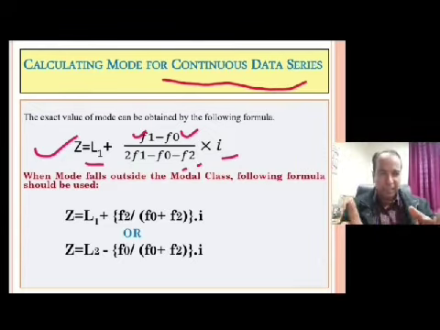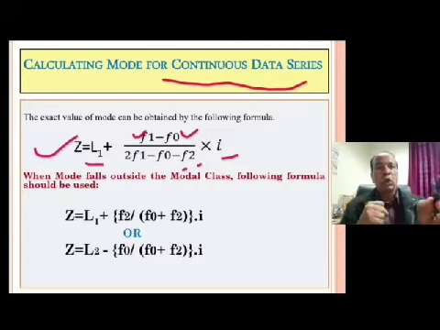Here you can see there are two formulas given to you, but they are used when the problem I discussed with the previous slide occurs, and that is what? When you group the data and find two values having the same tally, tie-in tallies.